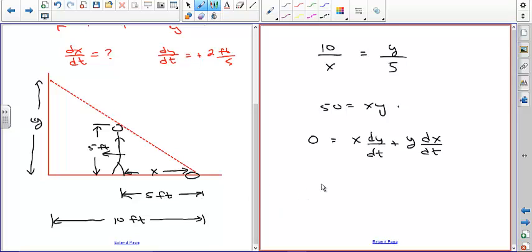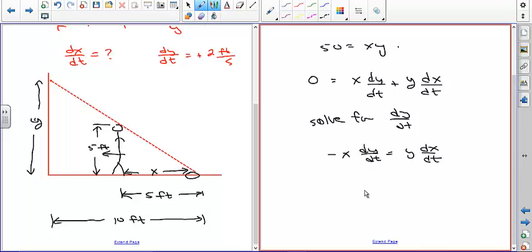We need to solve for dy/dt, because that's what they're asking. So you'd get x dy/dt equals negative y times dx/dt, and then you divide by x, so dy/dt is negative y over x times dx/dt.